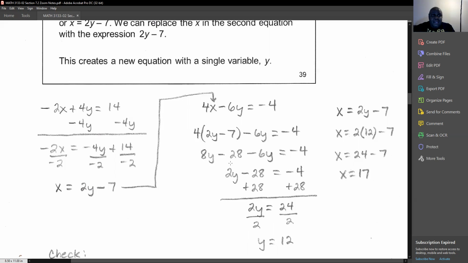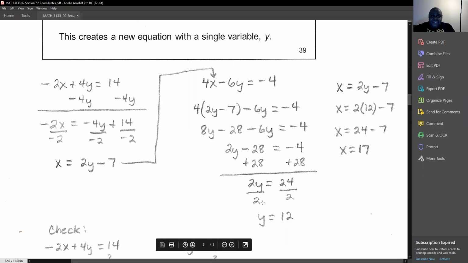From this line, I can combine like terms. 8y minus 6y gives me 2y, so this will be 2y minus 28 is equal to negative 4. Next, add 28 to both sides to get 2y by itself, so 2y is equal to 24. Then divide both sides by 2 to get y is equal to 12.